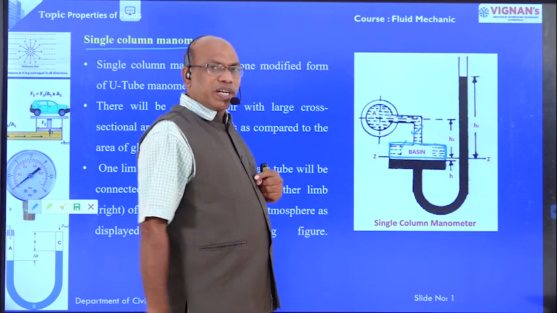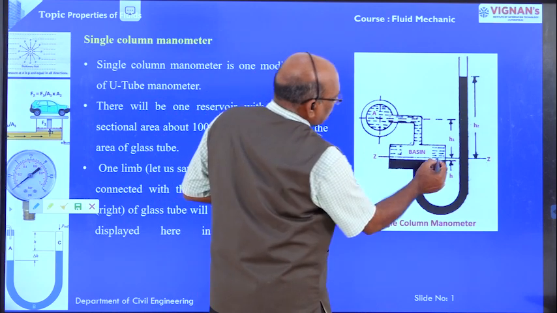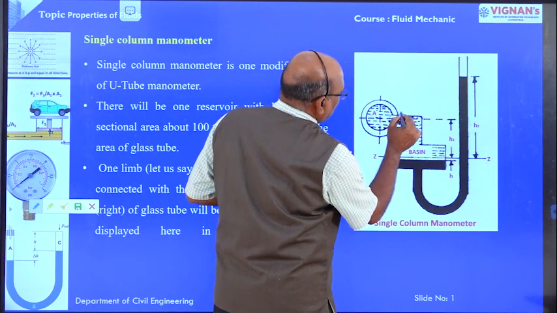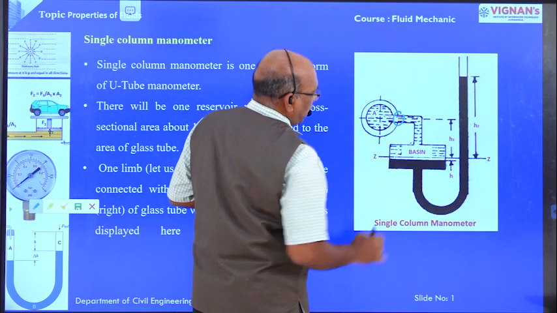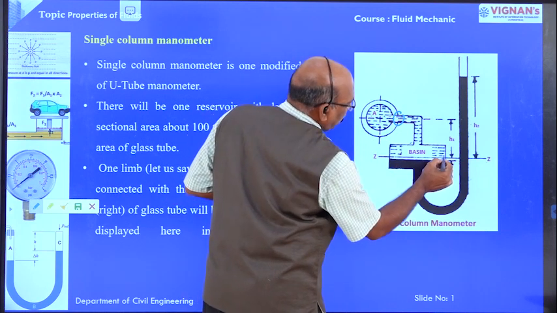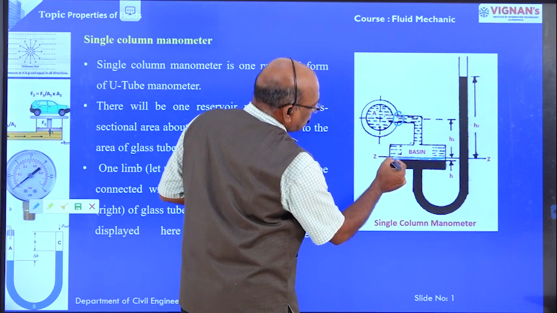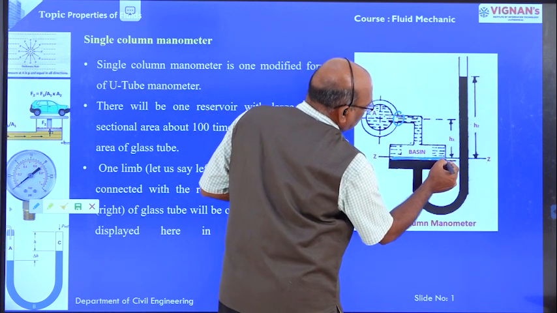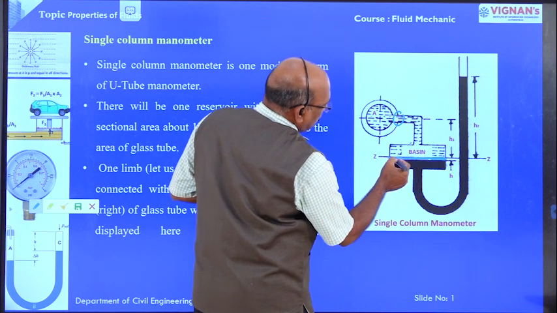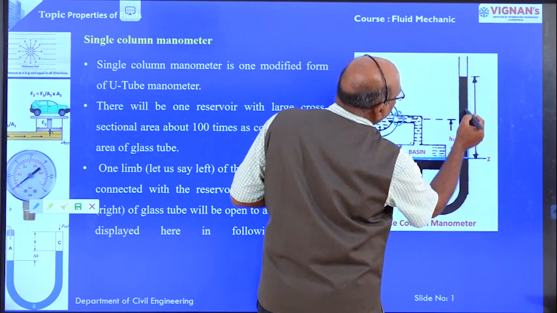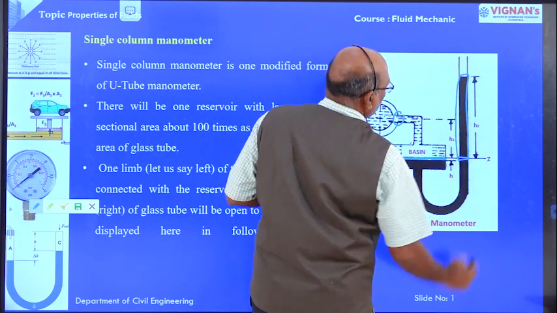That is the only difference. Because the pipe is connected to the left end at pipe A, the mercury level in the large reservoir is reduced by a very small amount, but the rise of mercury level in the limb is too high.